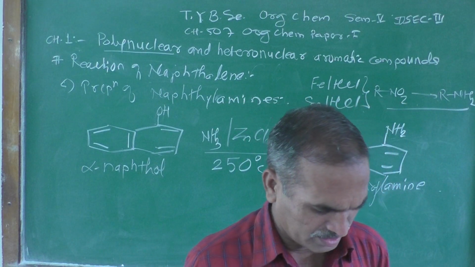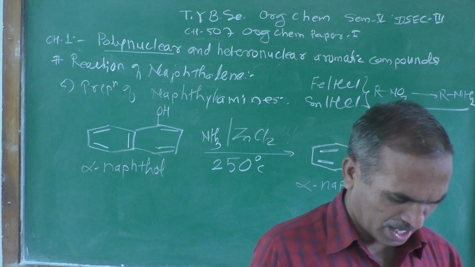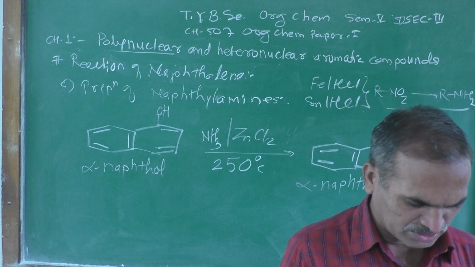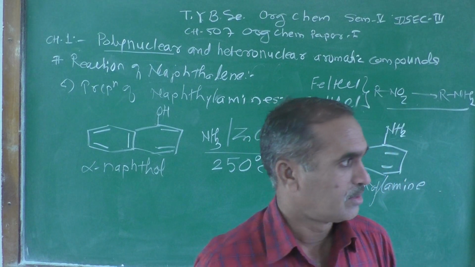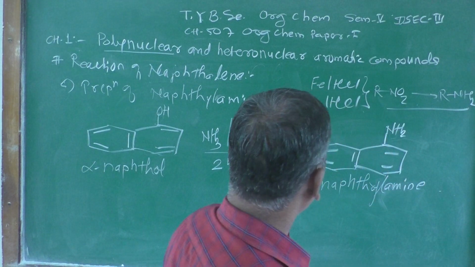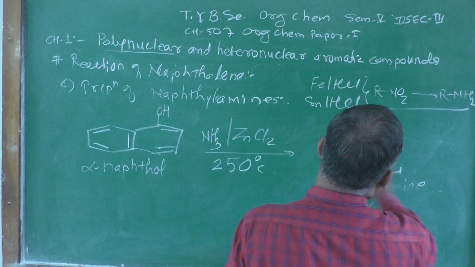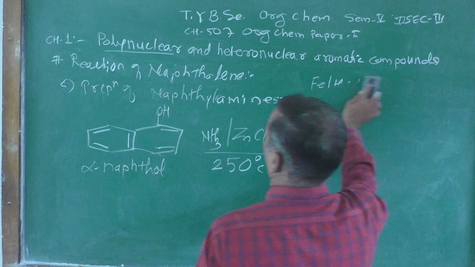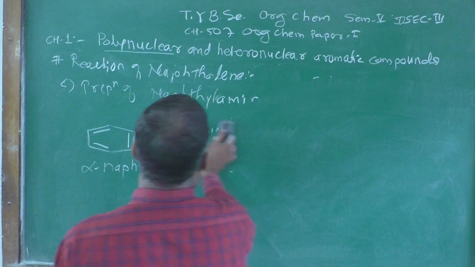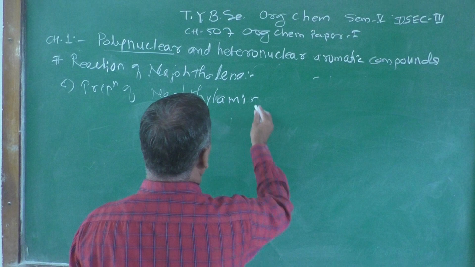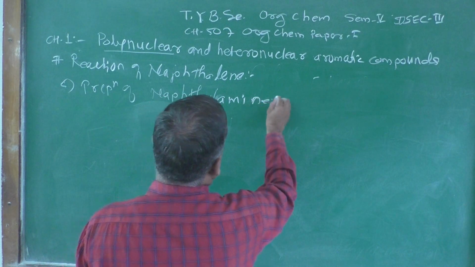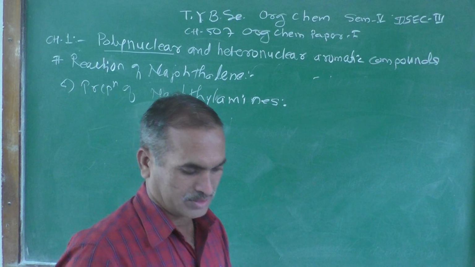Now the next one is the Bucherer reaction. What is the Bucherer reaction? The Bucherer reaction is also one of the famous reactions, and from that we can get the preparation of naphthylamine, that we are discussing.